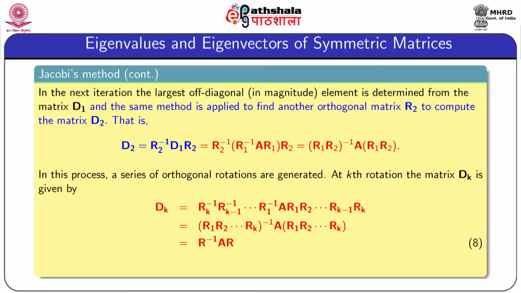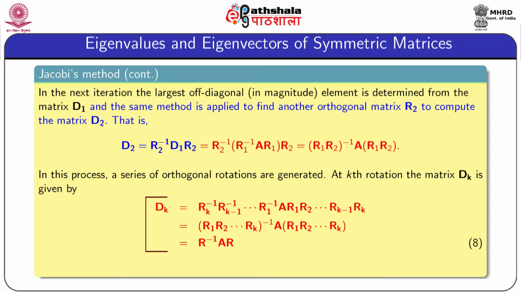In this process, a series of orthogonal rotations are generated. At the kth iteration, the matrix Dk is given by Dk equals Rk inverse Rk minus 1 inverse ... R1 inverse A R1 R2 ... Rk minus 1 into Rk.